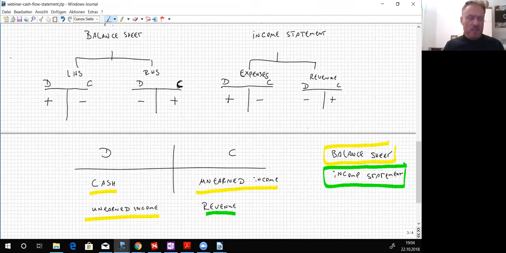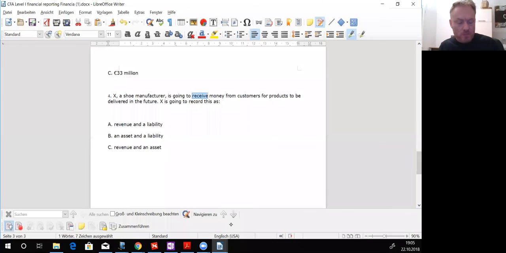And yes, so now let's try to answer the question. The question is, what are we going to do at first glance? Report a revenue and a liability, but if a liability was created, it would be created on the credit side, and the revenue would be created on the debit side, which would mean that revenue would go down.